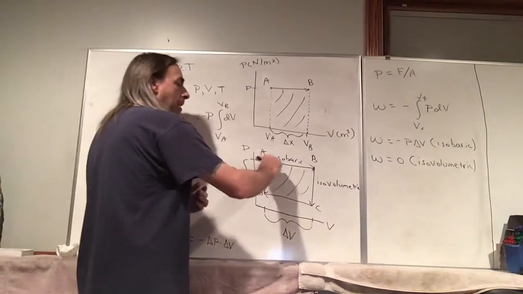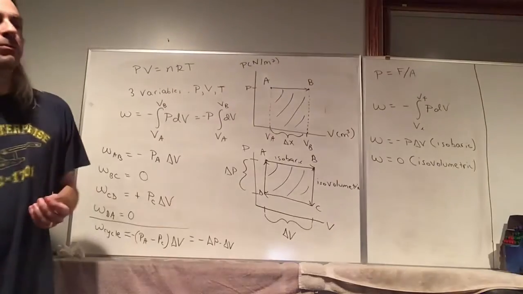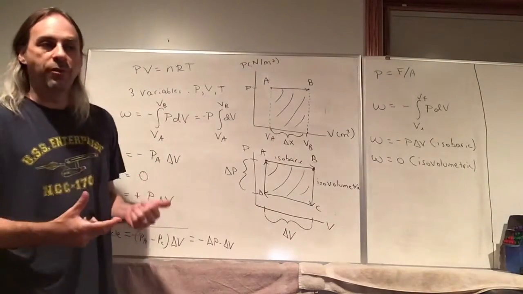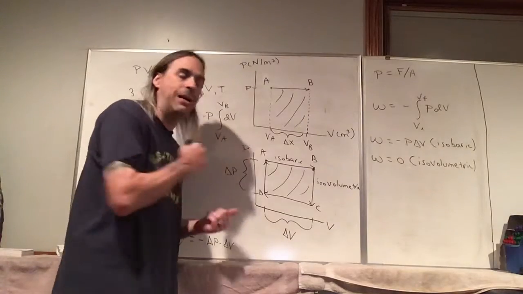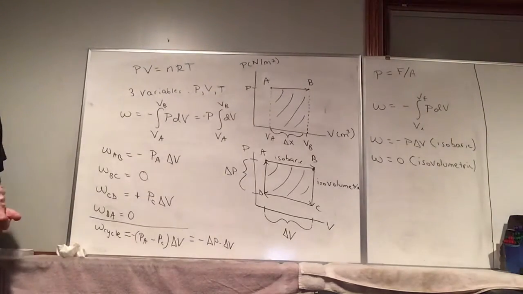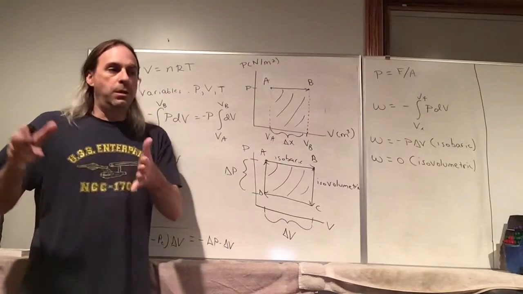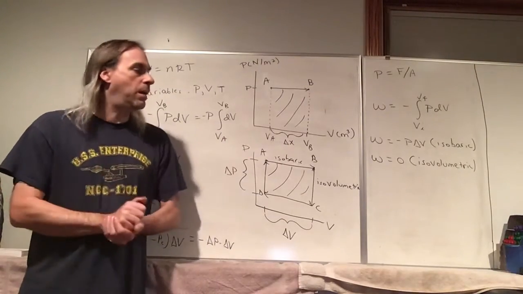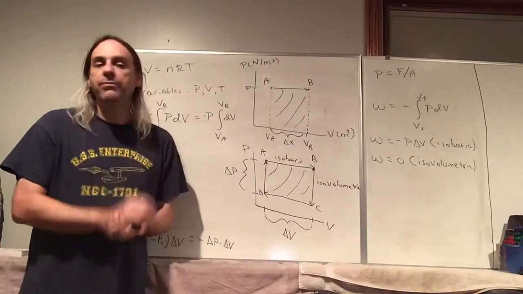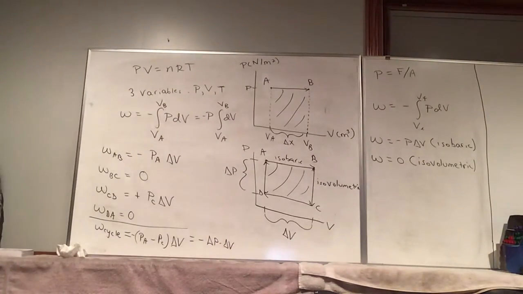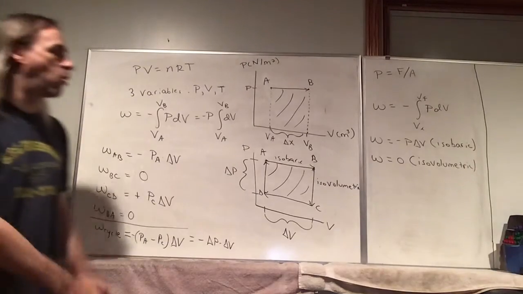Like here, from A to B, we have negative work. That's negative work being done on the gas, or alternatively, that's the gas doing positive work on its environment. And if you have a gas expand and work on its environment, you can convert that expansion into some useful form of work.